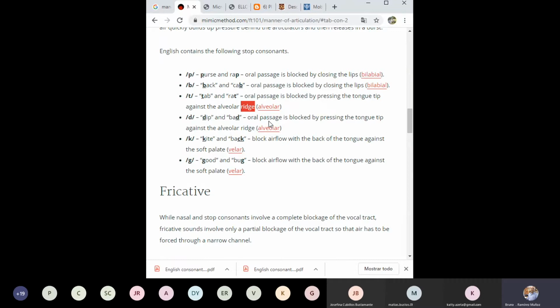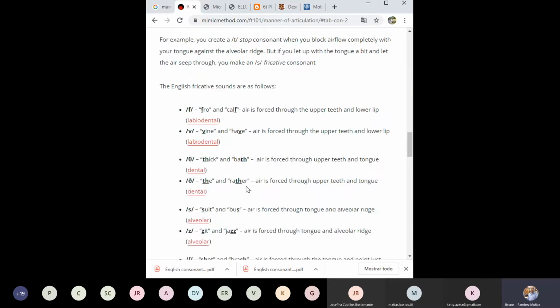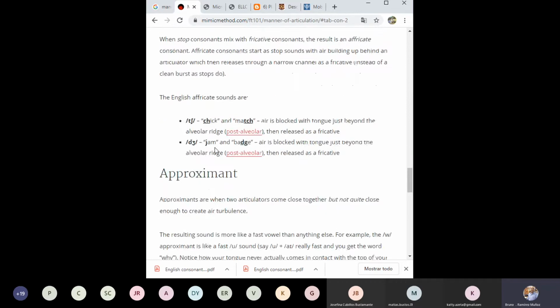Someone rich. But this one is ridge, and it contains the sound we find in jam, badge. Okay, G, as in jeans.